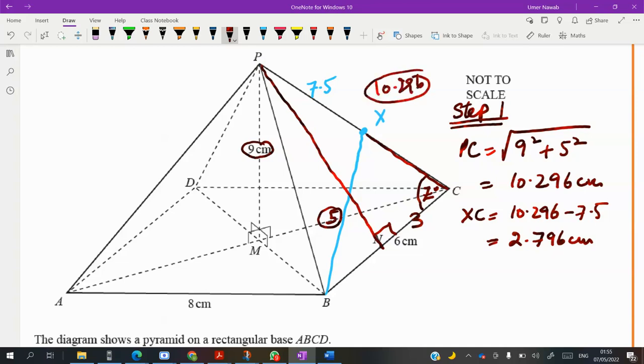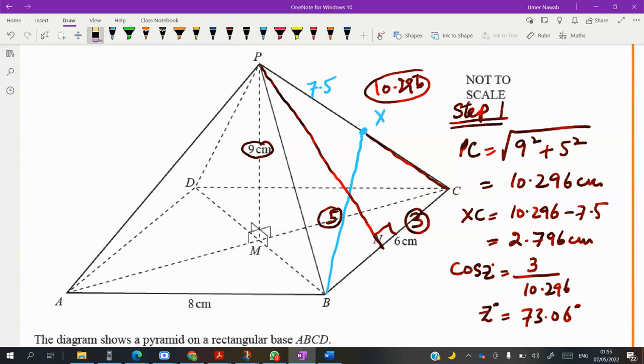So I use 10.296 and 3 to get the angle Z. Cosine of Z gives me 3, adjacent, over hypotenuse 10.296. I got this angle 73.06.